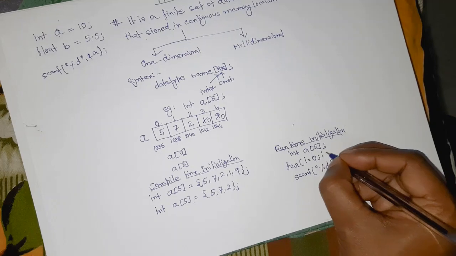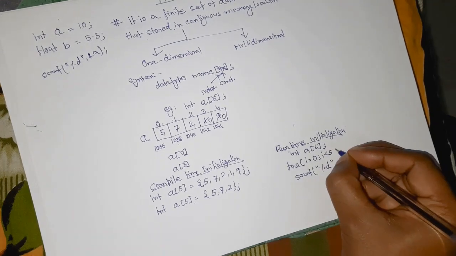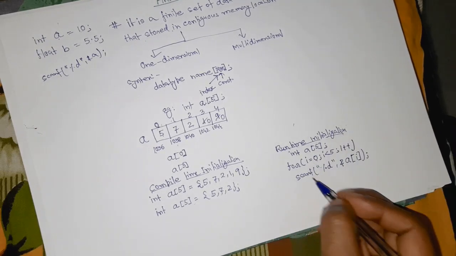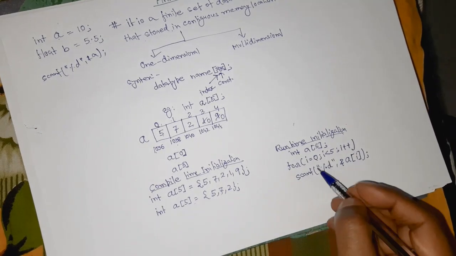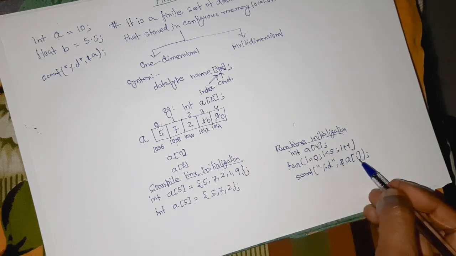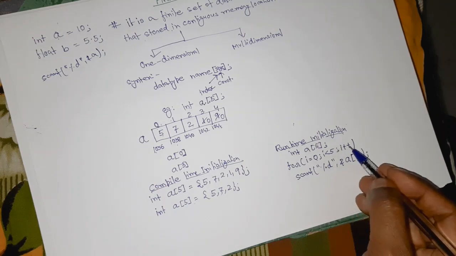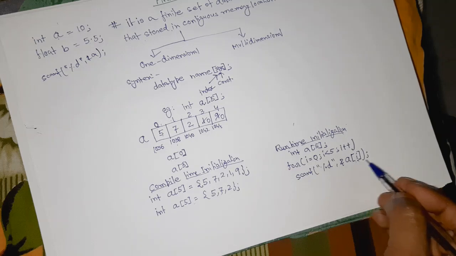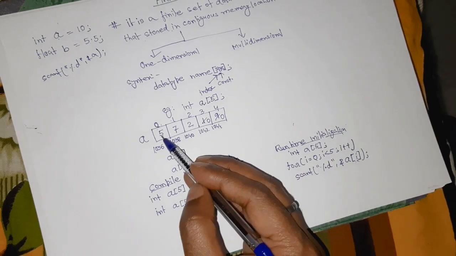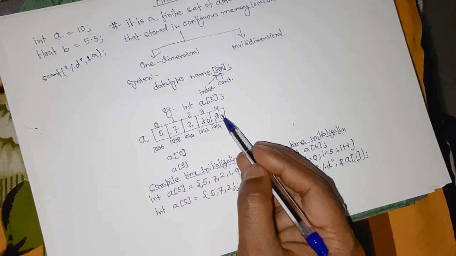So let's have i less than 5 and i plus plus. The scanf will execute 5 times: the first time i will be 0, next time i will be incremented by 1 and it becomes A of 1, next time A of 2, A of 3. As the user provides values, it will store them in the blocks in this fashion.